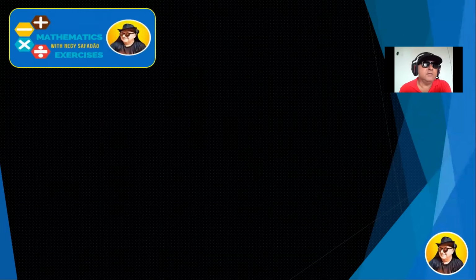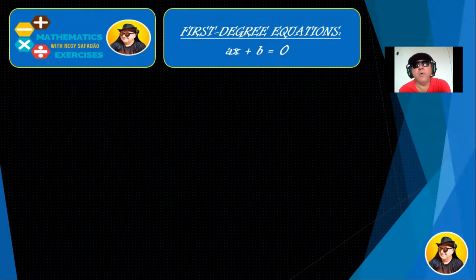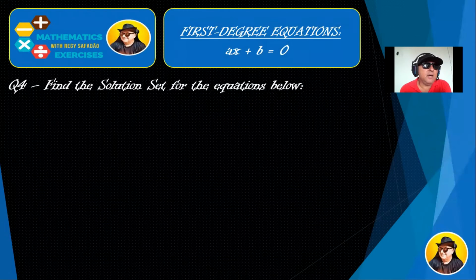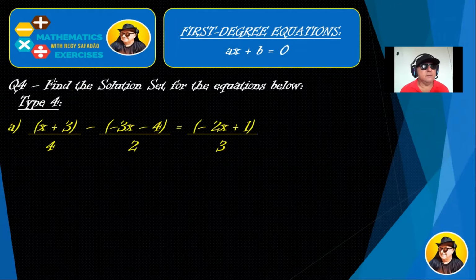Let's today see some other exercises about the first degree equations type 4. All right, so the first one is this one. We are going to solve three equations of this type.